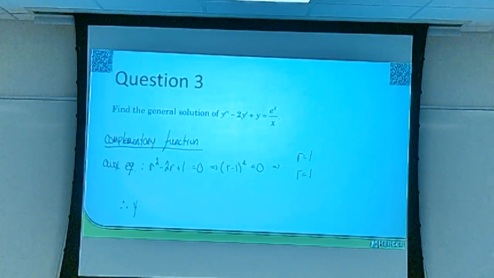What's the complementary function then? C1 e to the x plus C2 x e to the x. And this is where we're going to have to use variation of parameters.